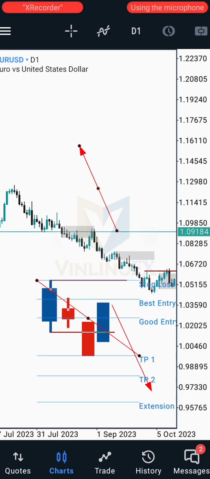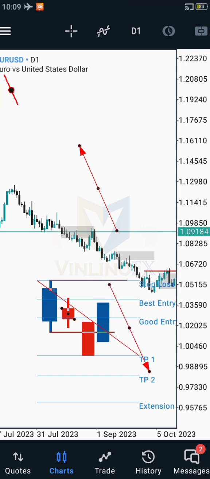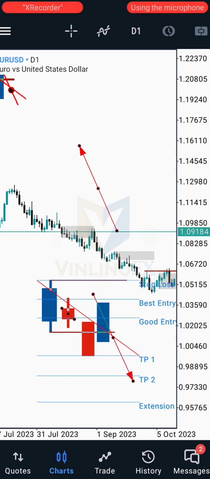You wait for a pullback, then you execute your trade at your best entry, then allow the market to go down. You have your TP1 and TP2, the extension zone.